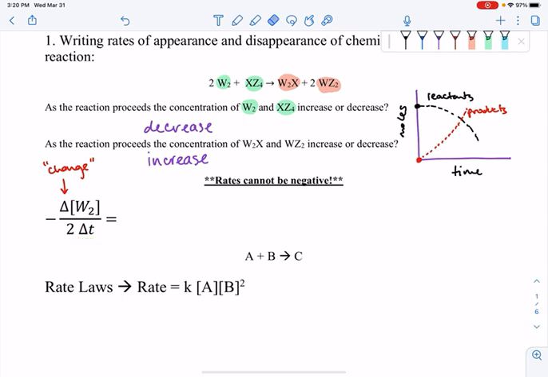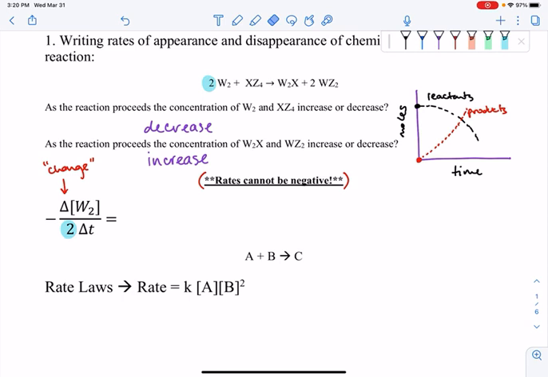Now, where did this 2 come from? The 2 came from the stoichiometry, so you do have to factor that in, right? That always goes in the denominator. Now, I said here that rates cannot be negative. And you're like, but Mr. Hicks, you put a negative sign here. Well, what is the change in W2?